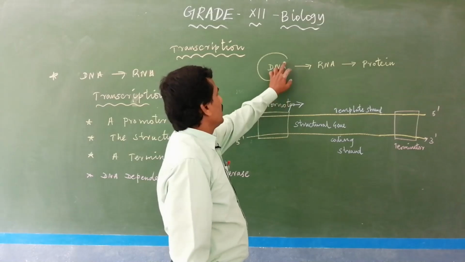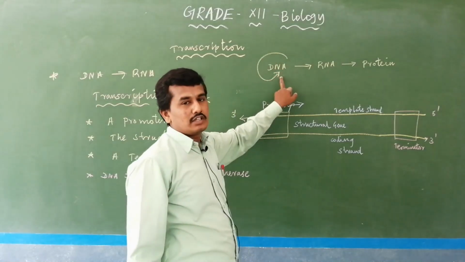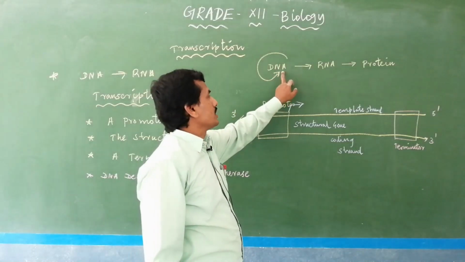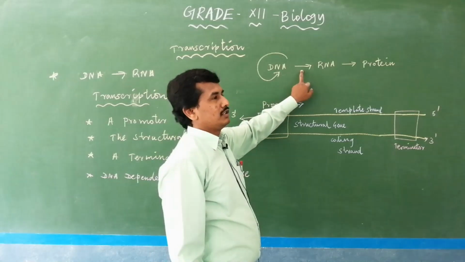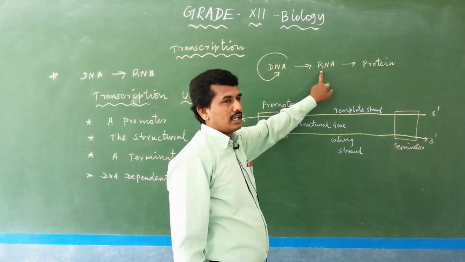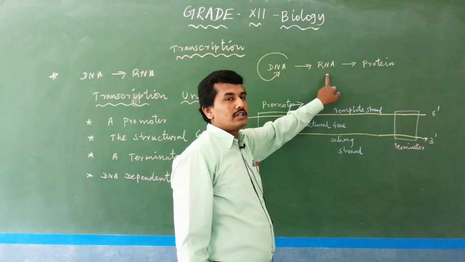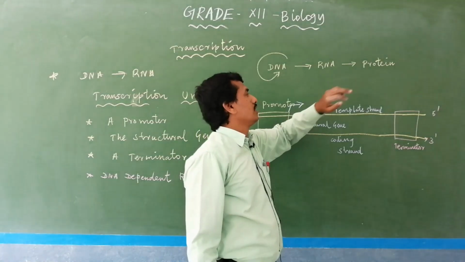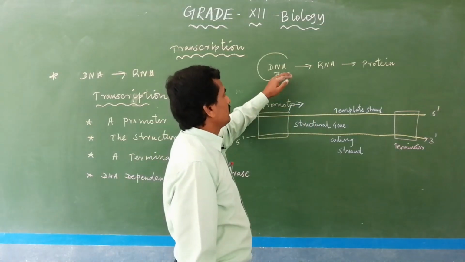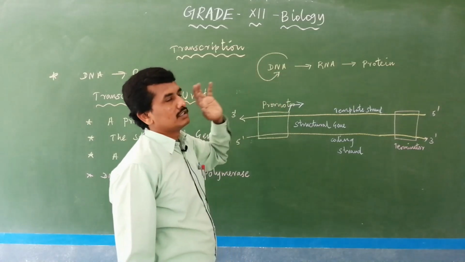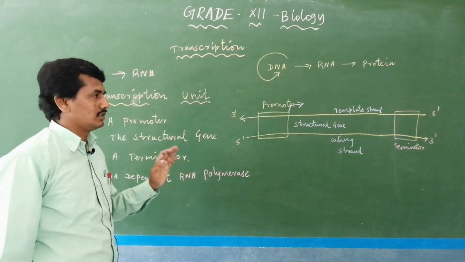So DNA after replication forms DNA, DNA after transcription forms RNA, and RNA after translation forms protein. That is the central dogma.